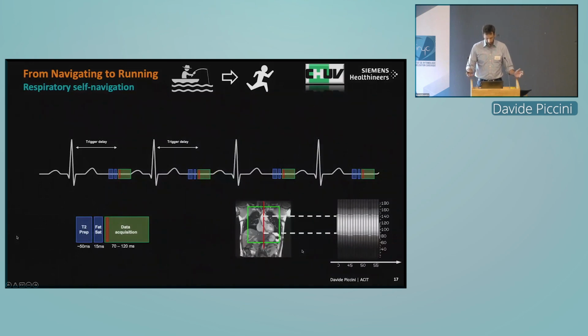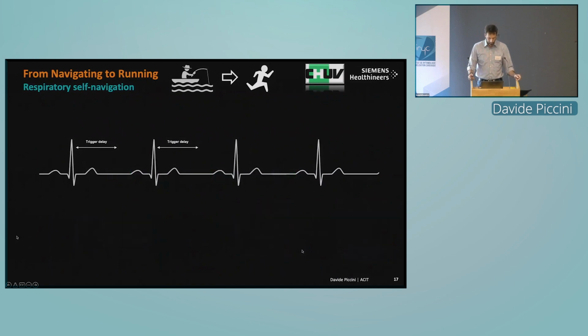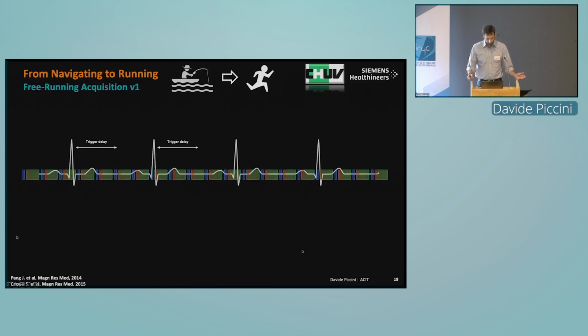So from this triggered sequence, in which we still have to take care of having a resting phase of the heart, so we always acquire the same phase, the first step was simply to take out the ECG triggering and do the same building block but continuously.